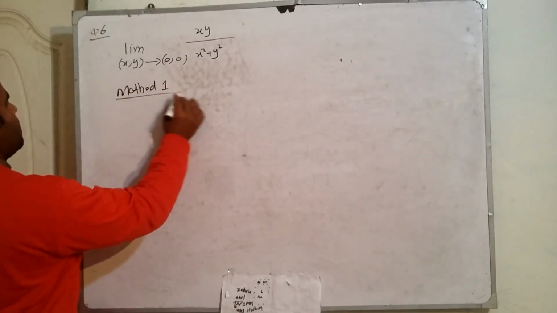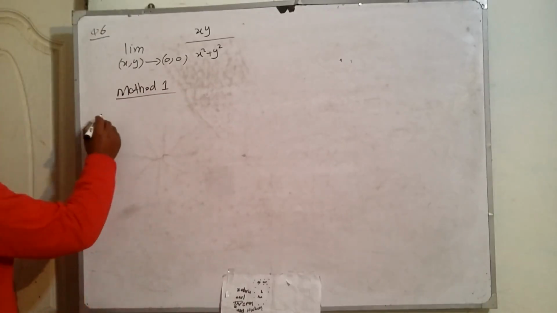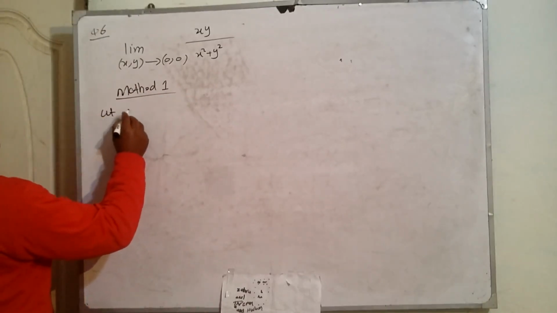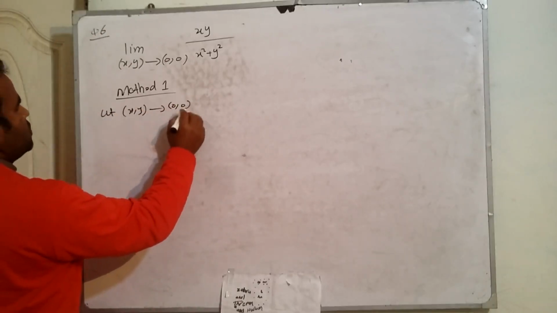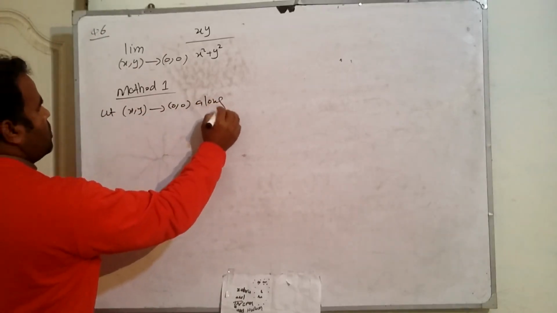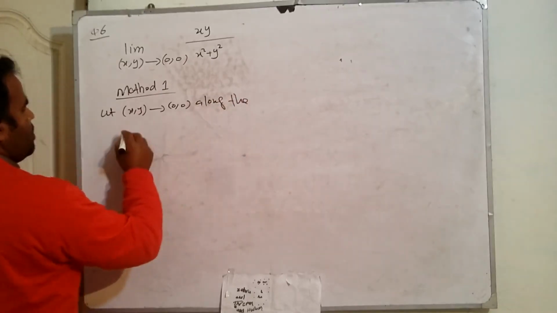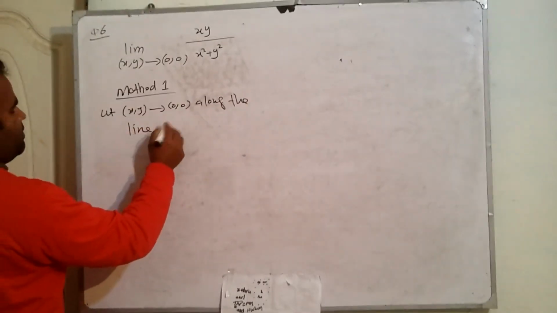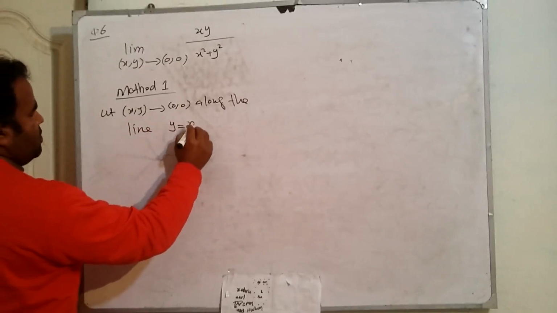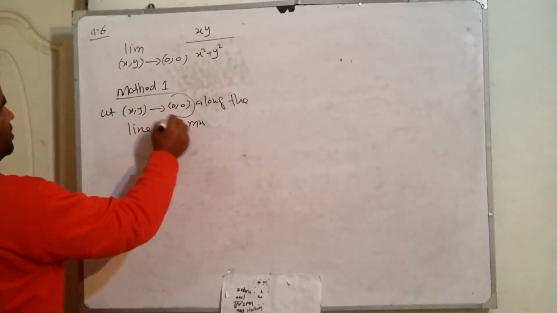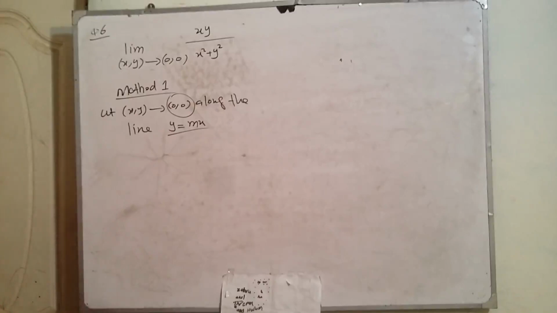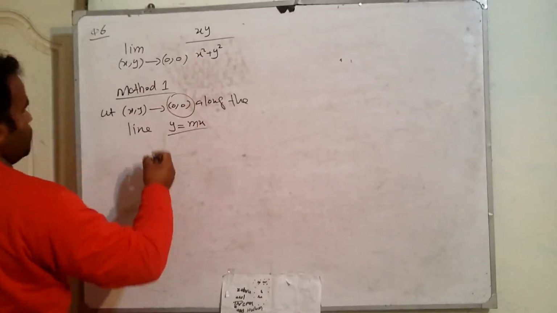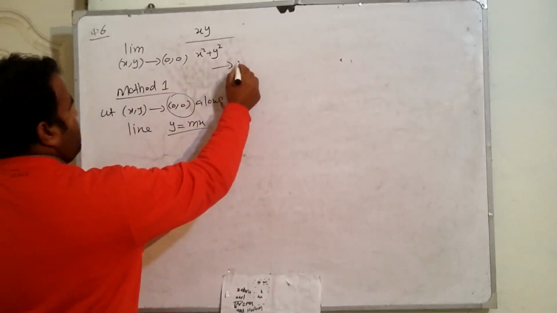Method 1: let (x, y) approach (0, 0) along the line y is equal to mx, because this point satisfies this equation. Okay, so we can put it into 1.